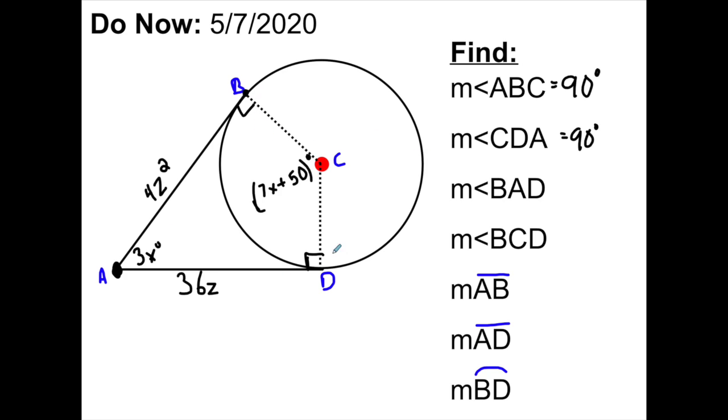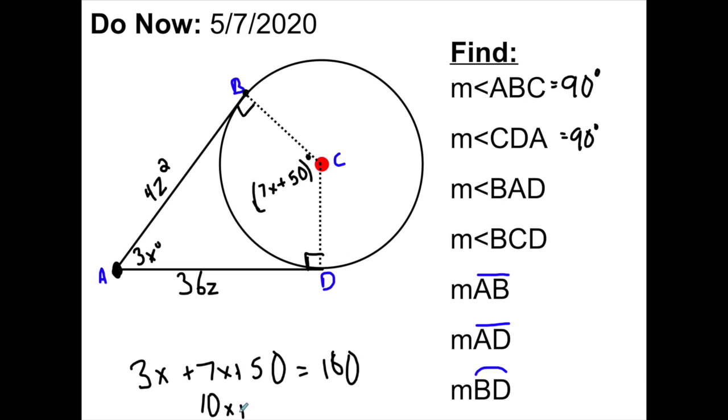Okay, BAD. For BAD and BCD, what we know is that the measurement here plus the measurement of the central angle given has to be 180. Remember what we talked about: if I made these dotted lines solid and had this quadrilateral, the interior angles have to sum to 360 degrees. If these are each 90 because they're tangents, then these two have to add up to 180, so that you get 180 plus 90 plus 90 equals 360.